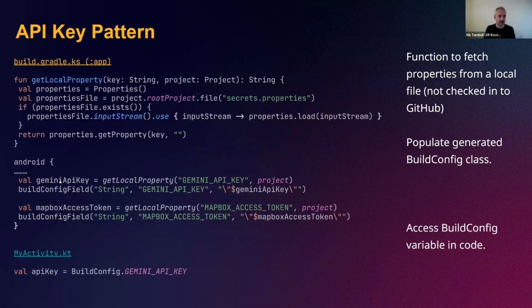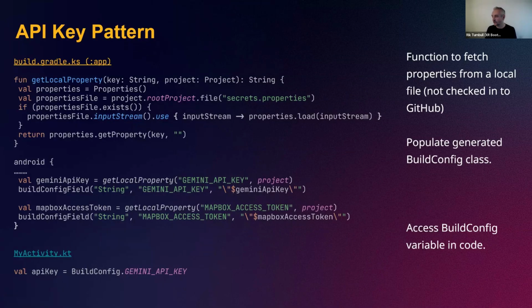So in here it will generate. I have an app that uses Gemini and Mapbox, so it gets the Gemini API key and the Mapbox token out of the file to be used during build time. It will then create a class which I can use in my application, and it's compiled into the app.